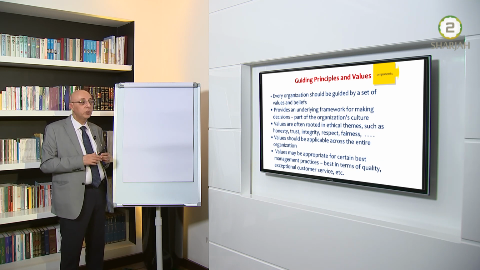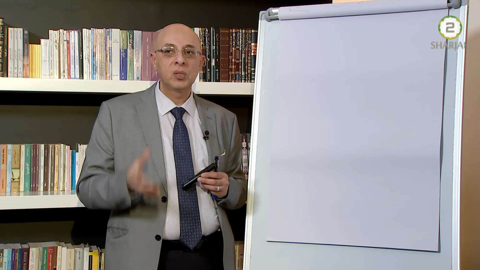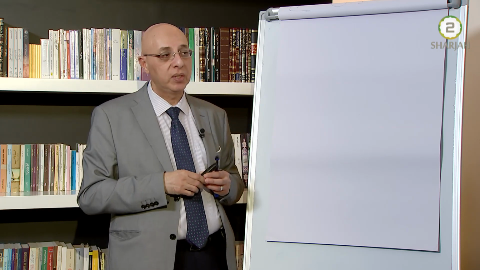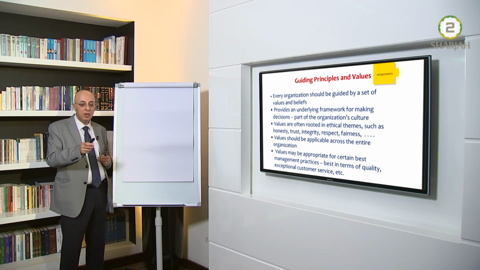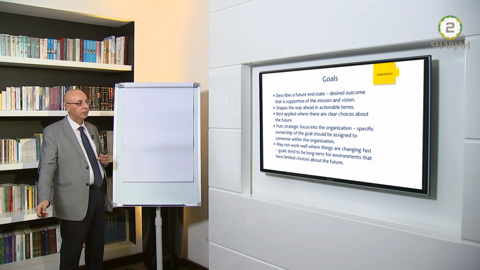Values are often rooted in ethical themes: honesty, trust, integrity, respect, cooperation. All of these are values, and for each one of these values, we have a very specific episode by itself. And values should be applicable across the whole organization. So define all of these. These are parts of the main important components to be defined.